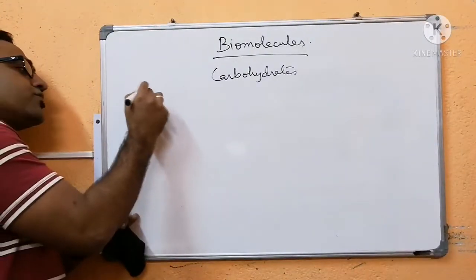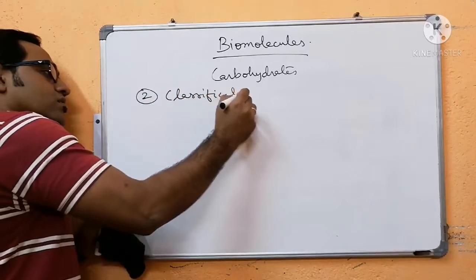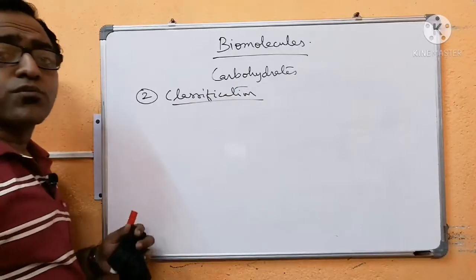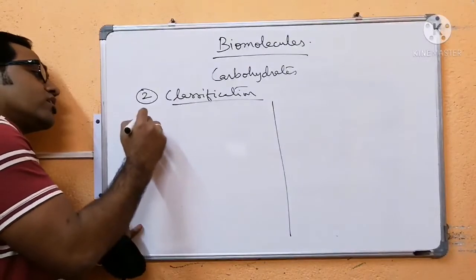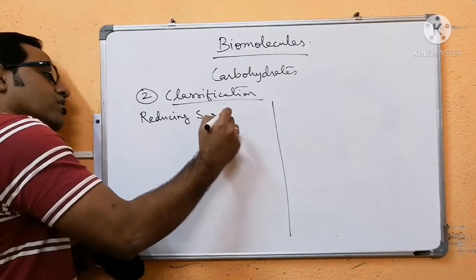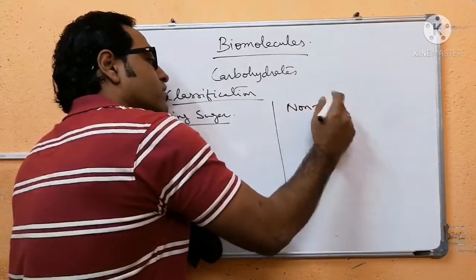The second classification is on the basis of reducing character. One we call reducing sugar, and another is called non-reducing sugar.